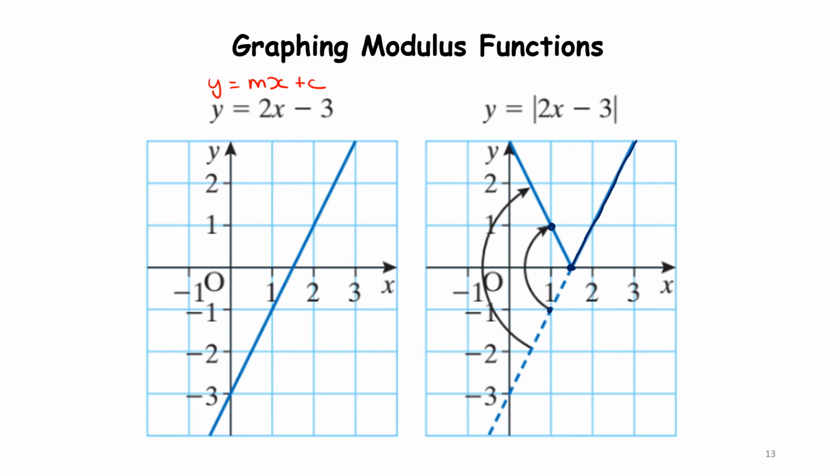Instead of being minus 3 here, it shows as 3. Instead of being negative 2, it shows as 2. So it's reflecting up, and we get this really distinct V-shaped graph. So it's not a curve, it's not like a quadratic, it is a V shape. And if we talk angles, this angle here would match this angle here.